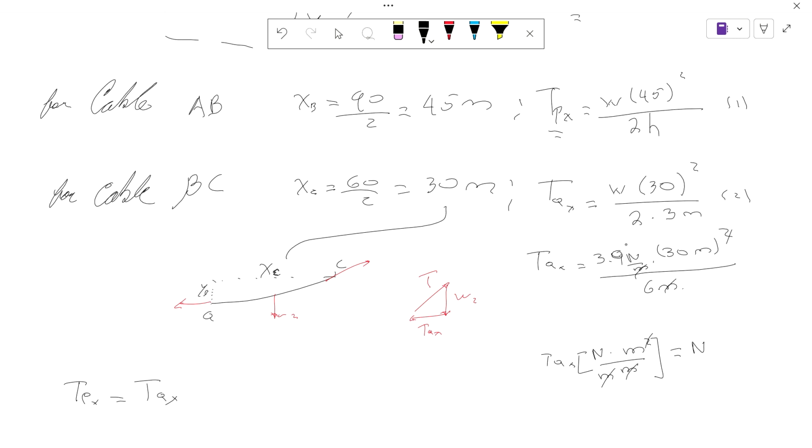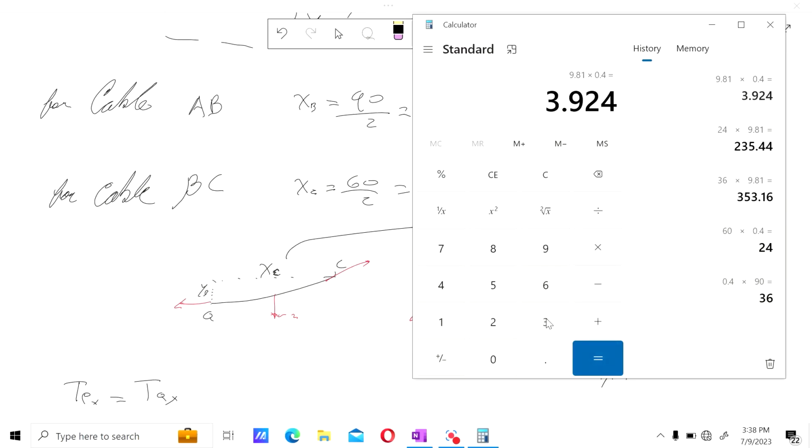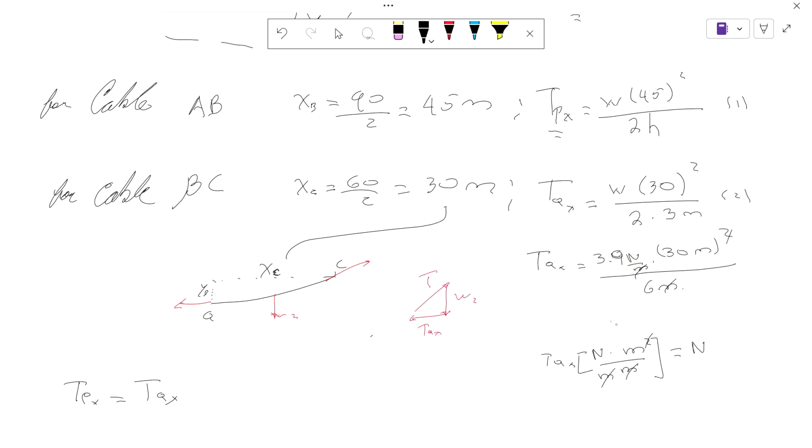So let's do that. 30 times 30 times 3.924 divided by 6. It's 588.6 newtons. So that is that force. This is equal to 588.6 newtons. That is the tension X.